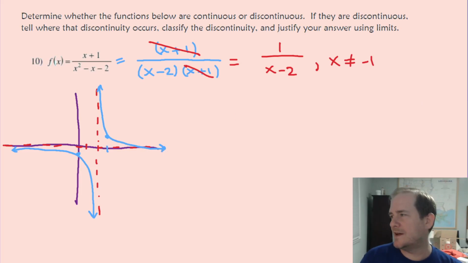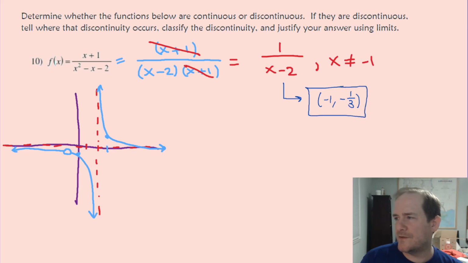So the only mistake left to fix is I actually showed a point at -1. We should actually have a hole there. And what is the y value there? Whatever the y value there is our limit, and we can find that y value by just substituting in here. And so we can see that at x equals -1, the y value that we get is -1/3. So these are the coordinates of the hole.